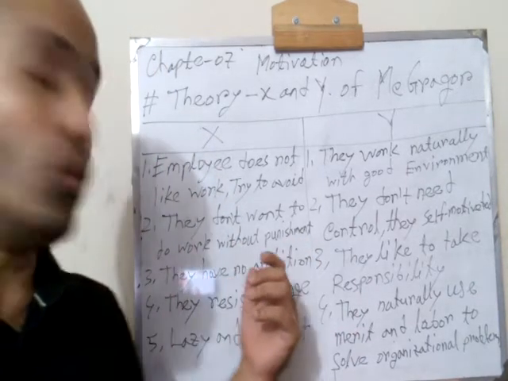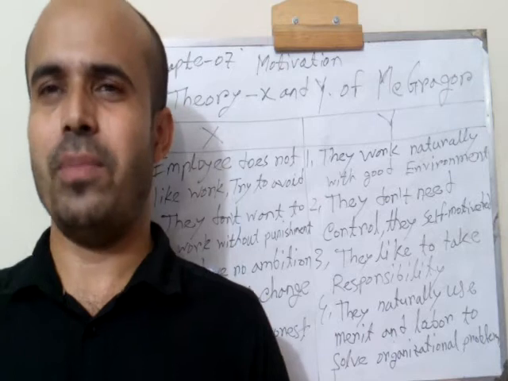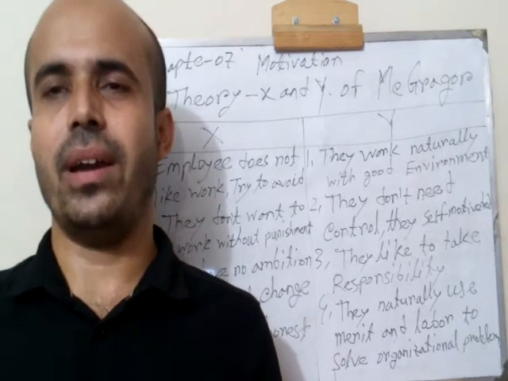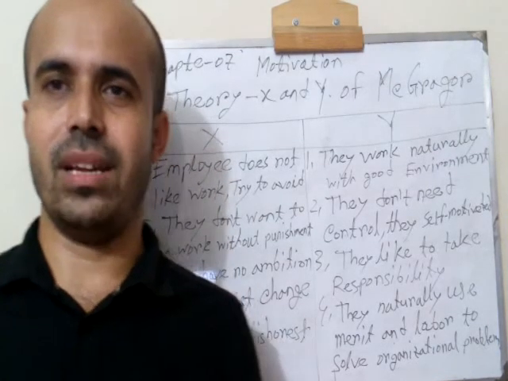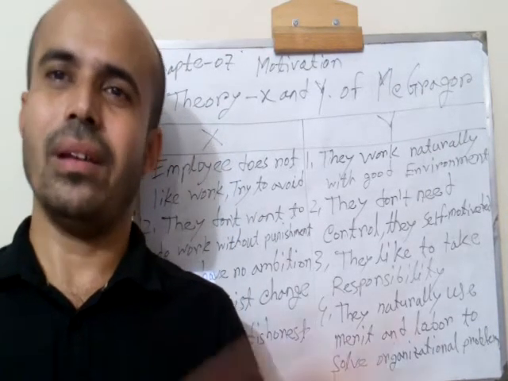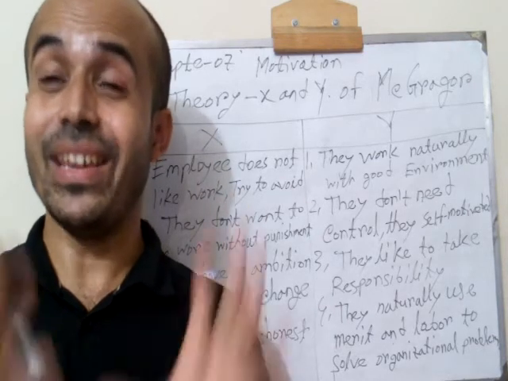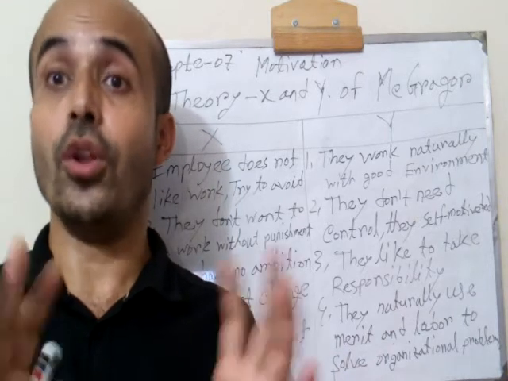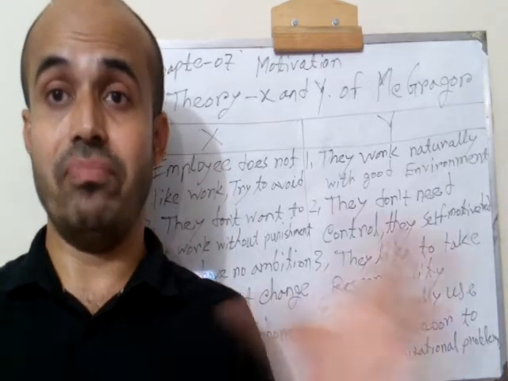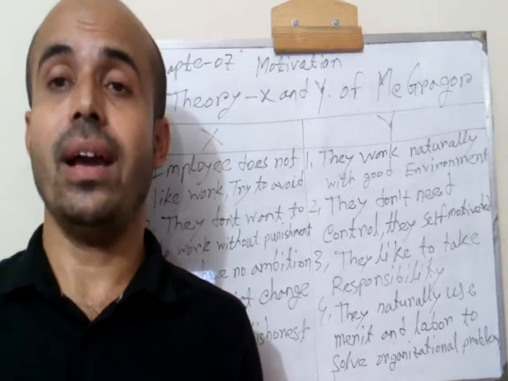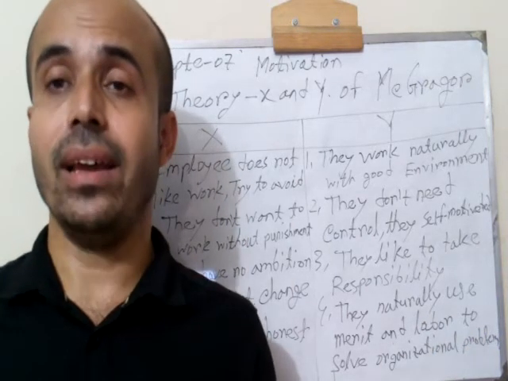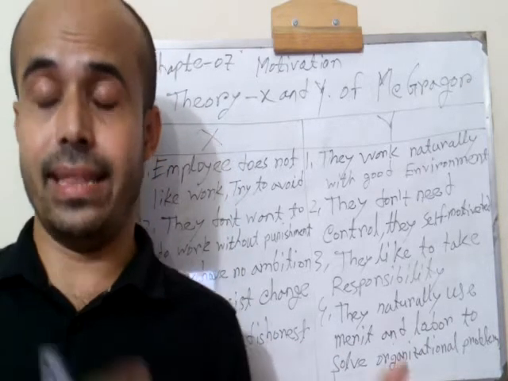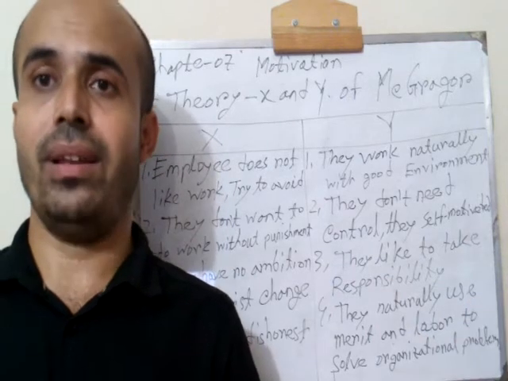And now coming to the third: they have no ambition. Employees have no ambition. They think, we are working here, we are getting salary, and in this way our life will pass, and what will happen after, God knows. If this happens, then this type of employee will not be very optimistic, they will not create anything new in the organization, and they will not take the work as enjoyable.